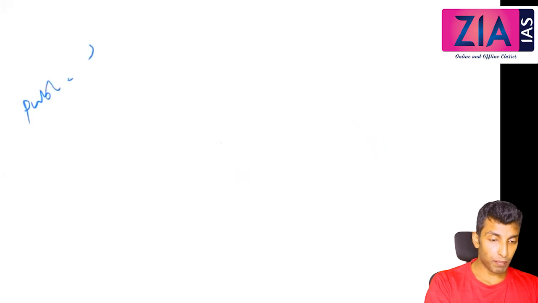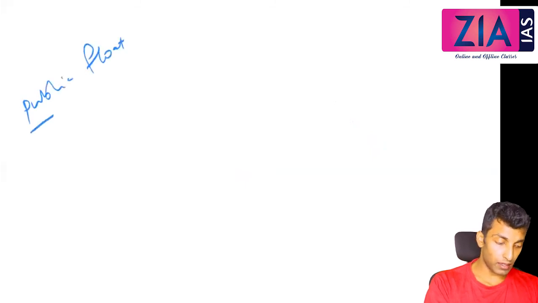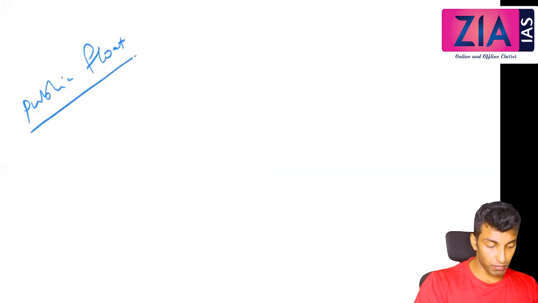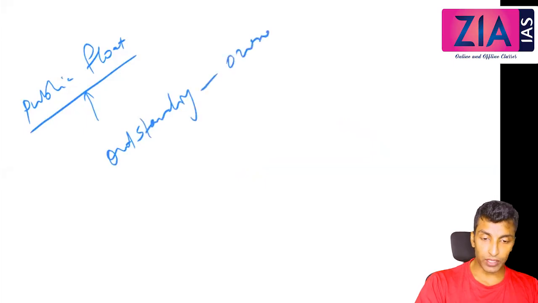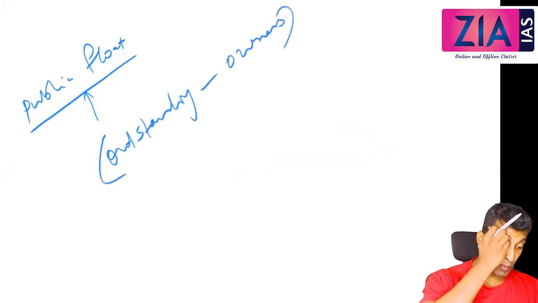So what do you mean by public float? Public float means the balance after company owners. You won't count the company owners' share here. For example, outstanding is the total share, right? So outstanding minus owner's share, that is what you mean by public float.